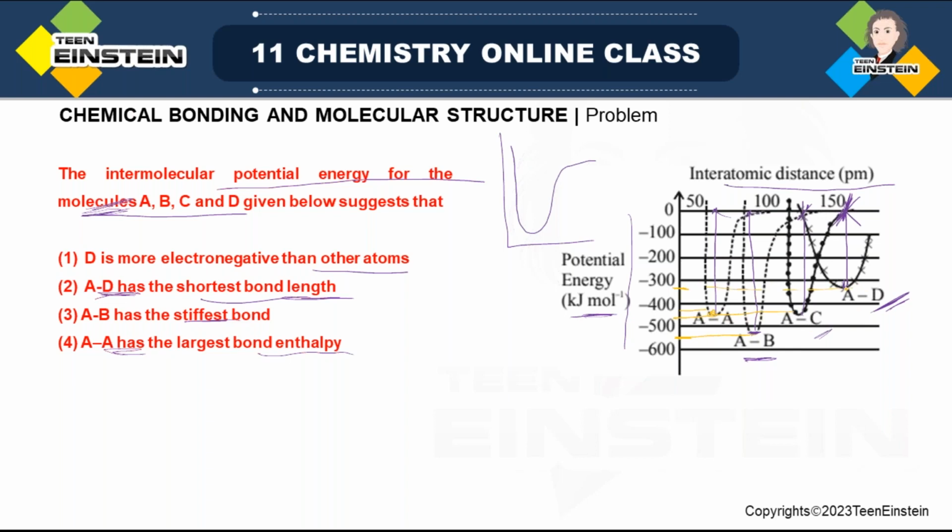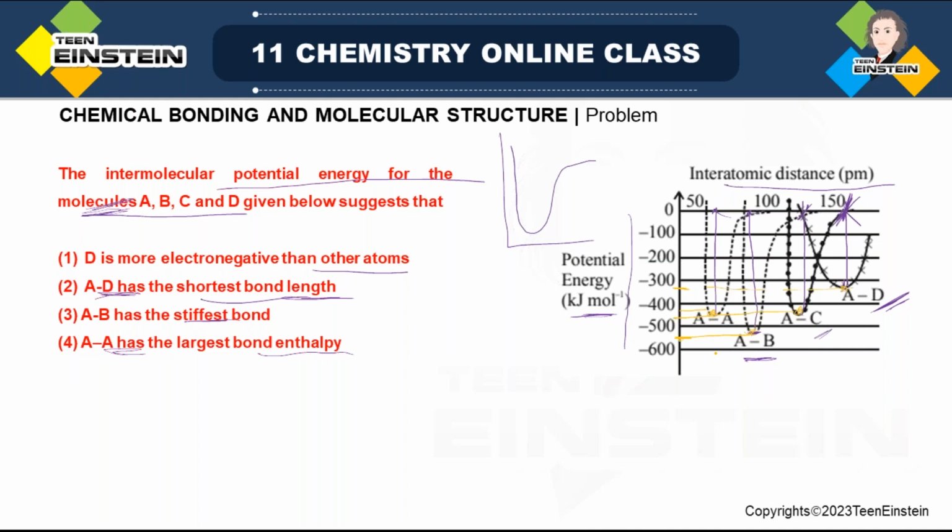So for AB, it is the maximum minimum energy, right? It means it will have the stiffest bond, because the more negative the potential energy value at this minimum point, the more stable the bond, the stiffest bond, that is a tight, very stable bond. So this should be the correct option.